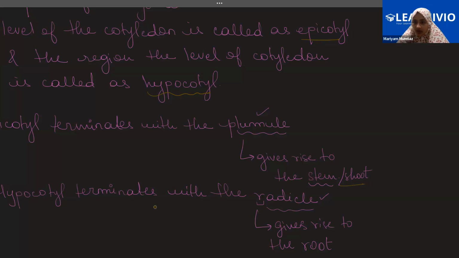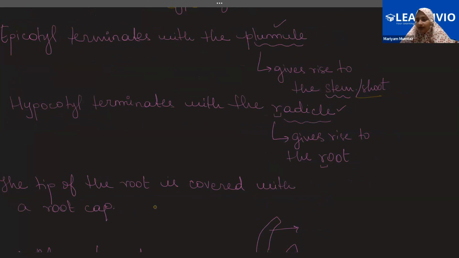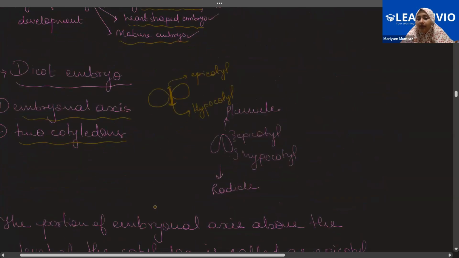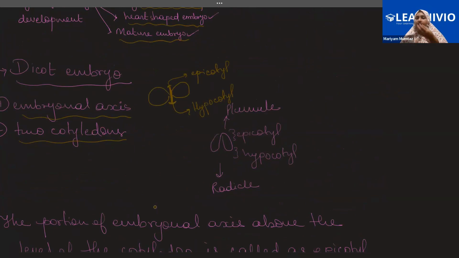So this plumule will give rise to the shoot or the stem. Same way, the hypocotyle will terminate with a radicle and it will give rise to the root. So in a seed, you will find plumule and a radicle, because of which when you sow that seed in the soil and you water it, then the radicle will give rise to the roots below the soil and the plumule will give rise to the shoot above the soil.